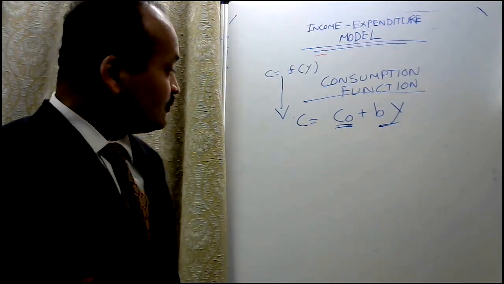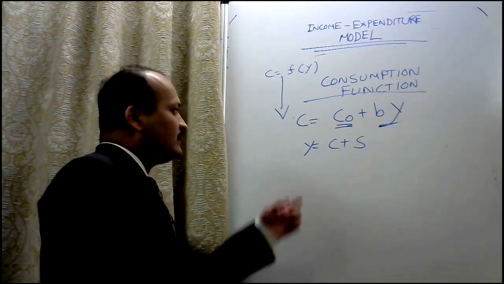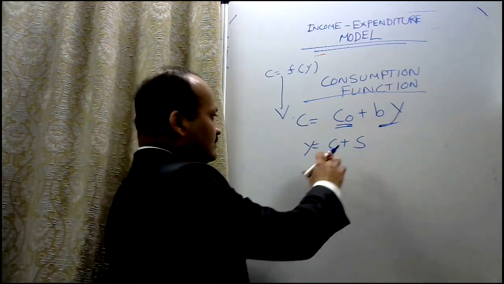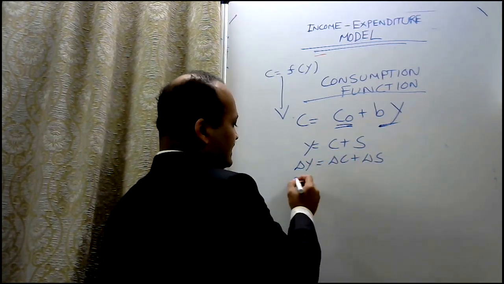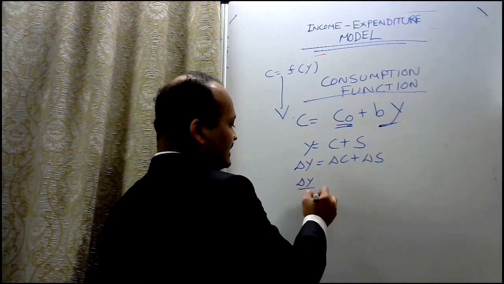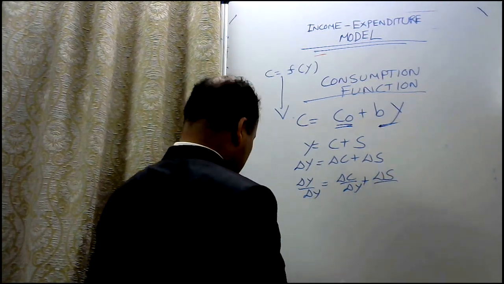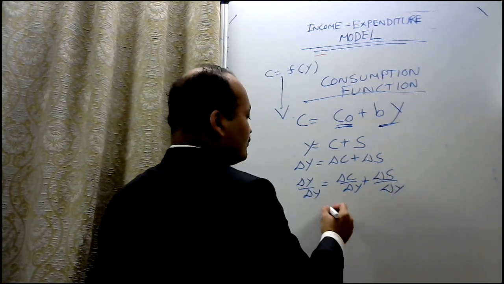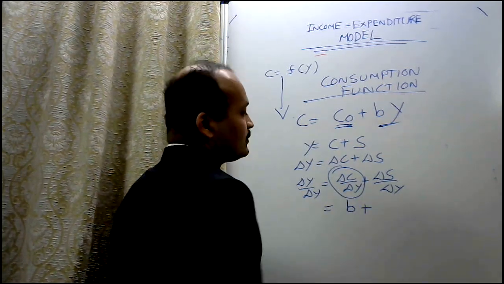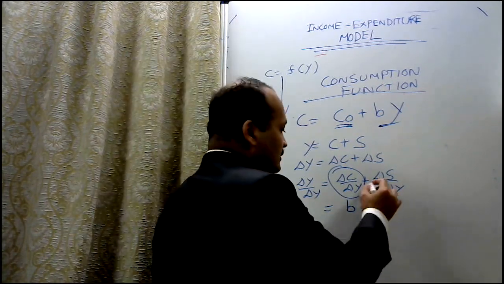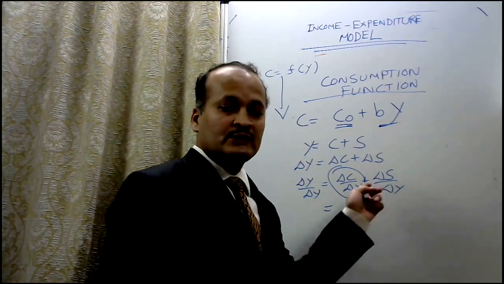Okay, let us try to get some more space here. Suppose Y is equal to C plus S, the way income is disposed of either in consumption or savings. Del Y will be equal to del C plus del S, and if I divide both sides by del Y, I will get del C by del Y plus del S by del Y. We know this is our B, the marginal propensity to consume, and this is nothing but the marginal propensity to save.